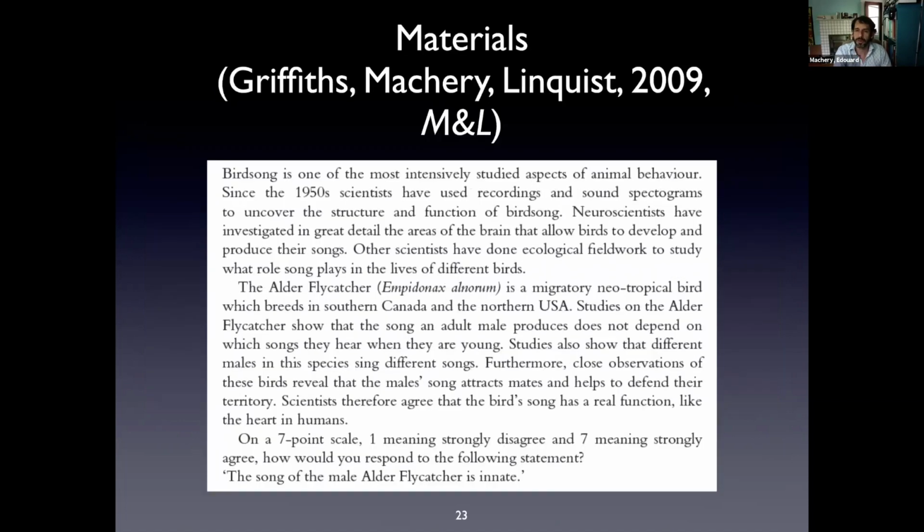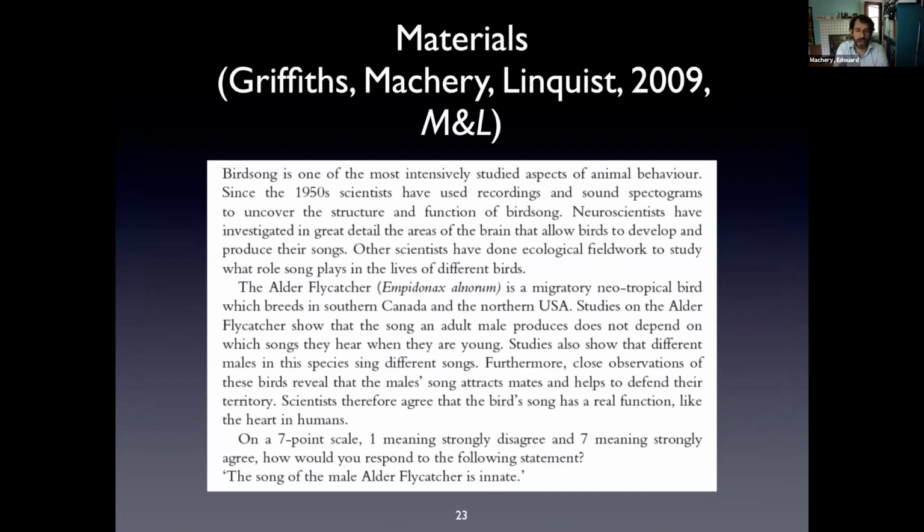Again, here what we wanted to study was a manifest concept of innateness. So we gave people realistic vignettes about bird song, and we asked people to make a judgment about whether the bird song described in the vignette was innate or not on a 7-point scale.